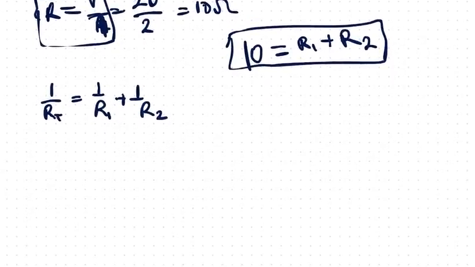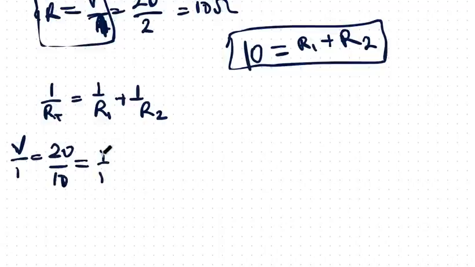So this implies that V over I, which is equal to 20 divided by 10, and this is equal to 1 over R, this is equal to 2, and this is R total, the equivalent resistance in parallel, right?